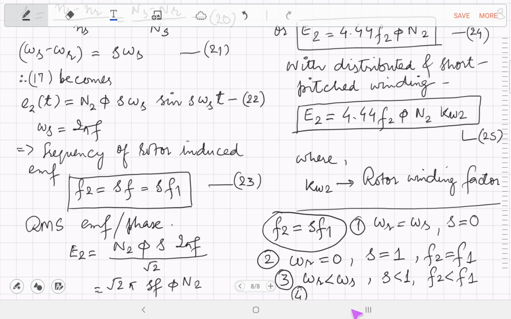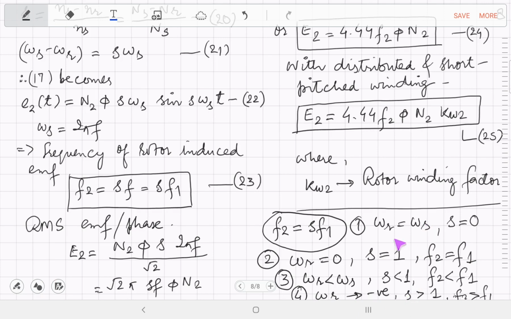If we assume that the rotor is rotating in a direction opposite to the rotating magnetic field, omega R in that case we can treat as negative, and we can easily see that the slip will have a value greater than 1, and in that case the frequency of the rotor induced EMF will be greater than F1. So these are different cases.